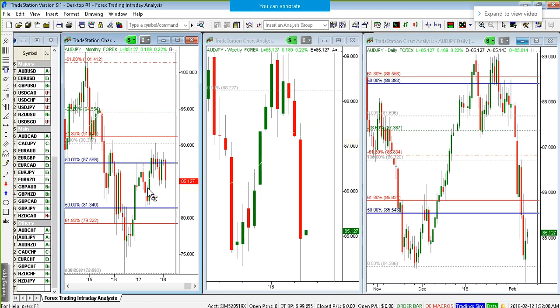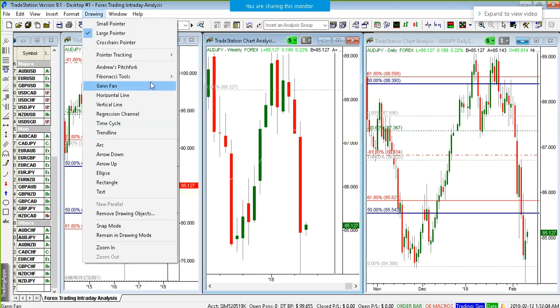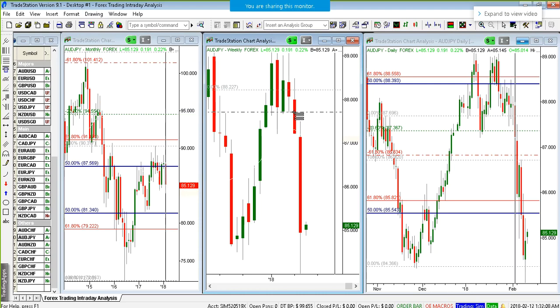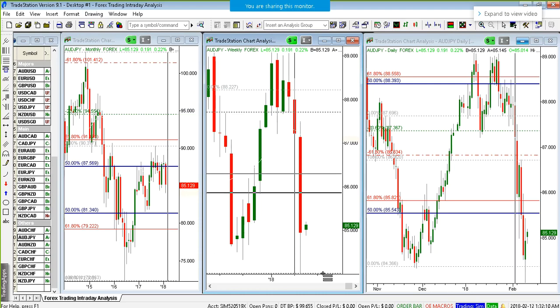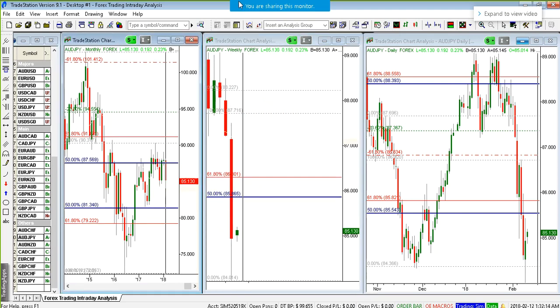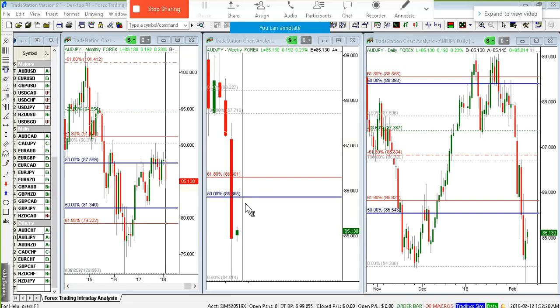Very little doubt about it. Just a matter of how it gets there. And a great opportunity to get short into that level would be lows to lows, 85.86. If the market gets there, this is going to be a good opportunity to short this market.